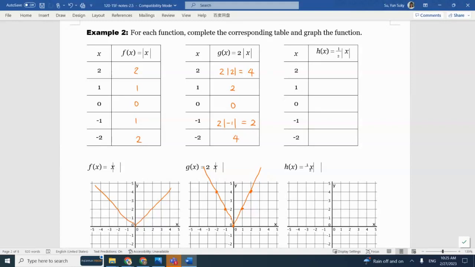How about this one? If we multiply by 1/2, what happened? We start again. If we plug in 2, what happened? 1/2 times absolute value of 2.